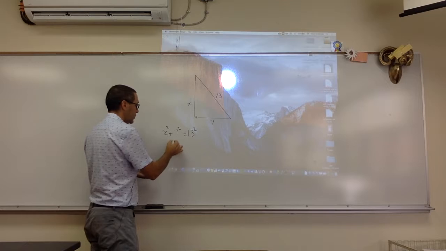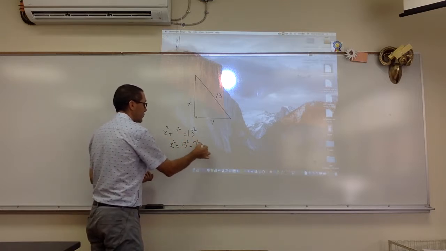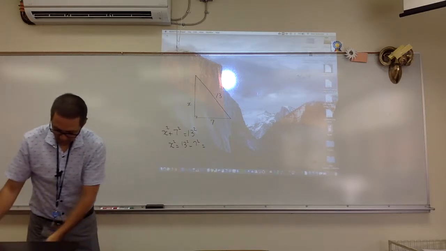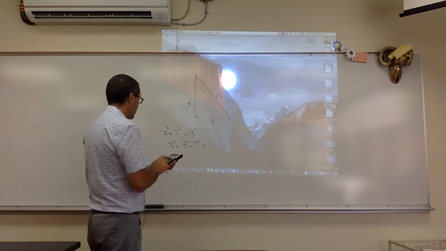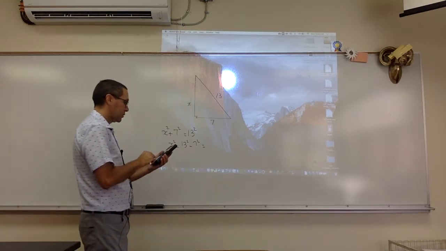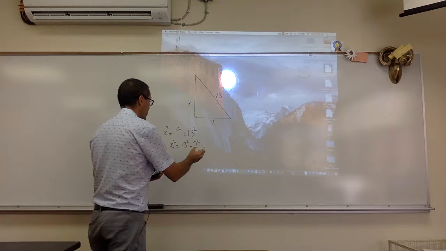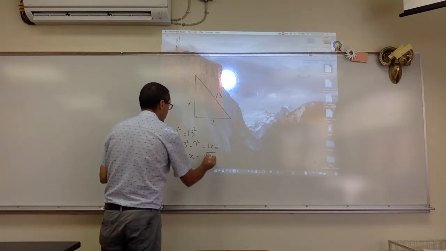So x squared equals 13 squared minus 7 squared. I think it should be 120, but let's make sure. 13 squared is 169 minus 7 squared, so this is 120. So x is equal to the square root of 120.